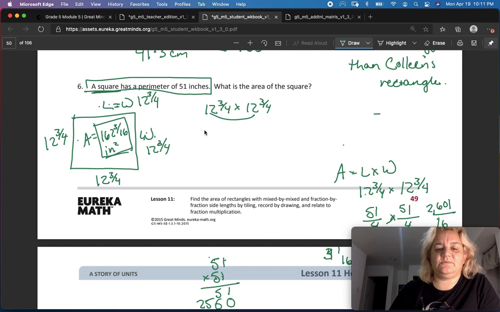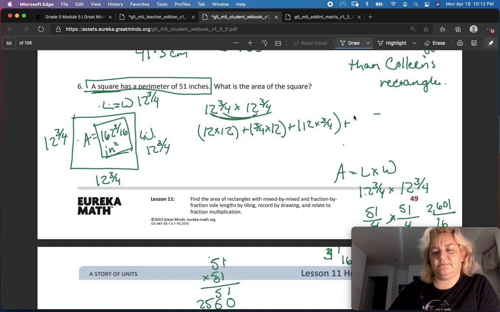So 12 times 12 plus 3/4 times 12 plus 12 times 3/4 plus 3/4 times 3/4.